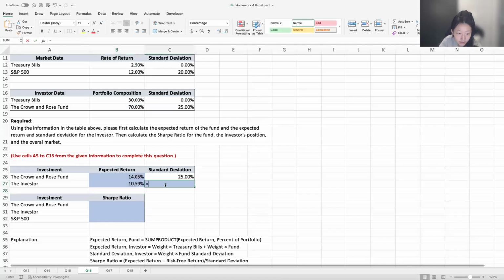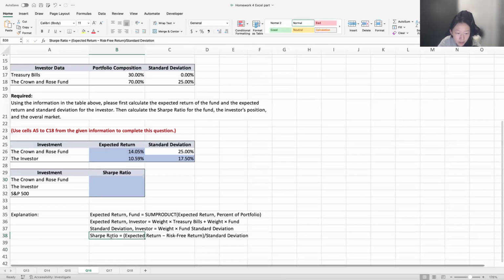Then for the standard deviation, sigma will be the weight times the standard deviation of the risky portfolio. All right, then the Sharpe ratio. In case you need the formula, Sharpe ratio equals risk premium, which is defined as return minus risk-free rate, divided by the standard deviation.